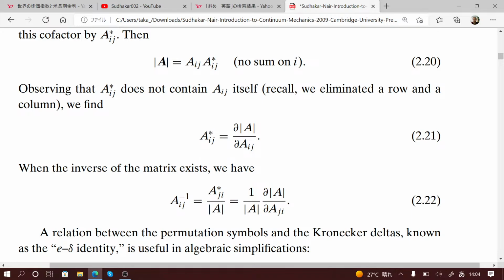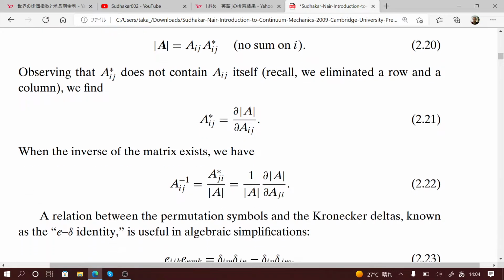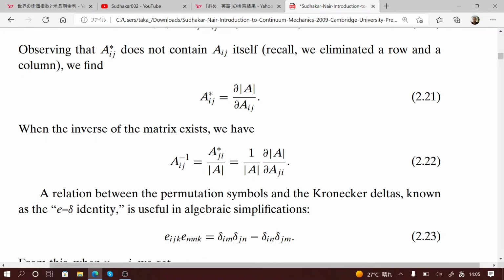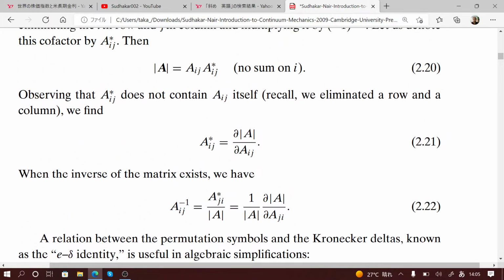Why is it so? When the inverse of the matrix exists, we have a little bit complicated. Let me see.